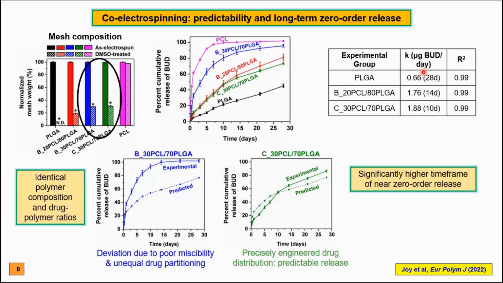So two points I want to highlight here. Between the blue and the green curves, the overall composition of the matrix remains the same. What we achieve using this co-electrospinning process is decoupling of fiber properties, and thus the ability to release drugs from this matrix in a predictable manner. Second, we're able to achieve these kinds of profiles over many, many days.